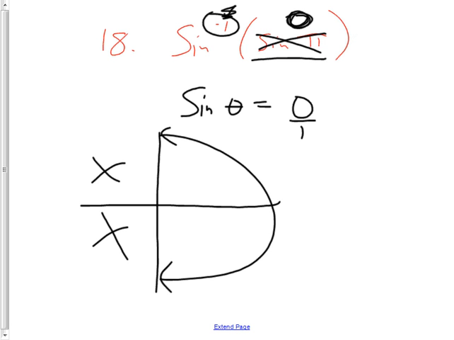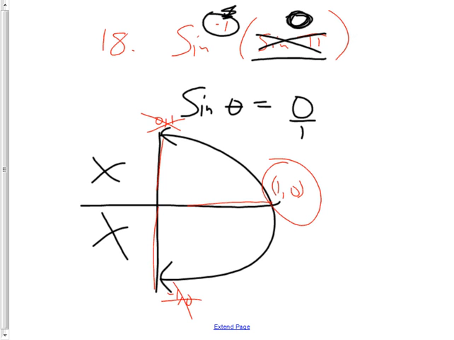So it's got to be at one of these three spots. Sine is y, right? So I want y to be 0, because sine is y. So y has to equal 0. So 1, 0, 0, 1, and -1, 0. And y is 0 when it's like that one.